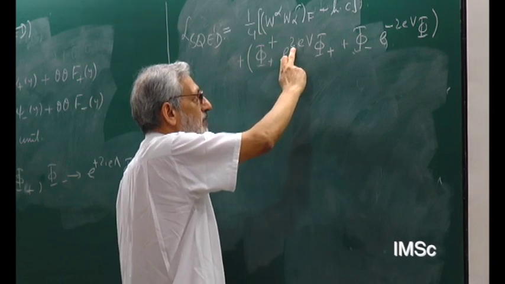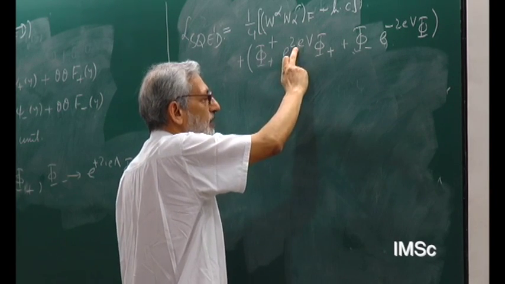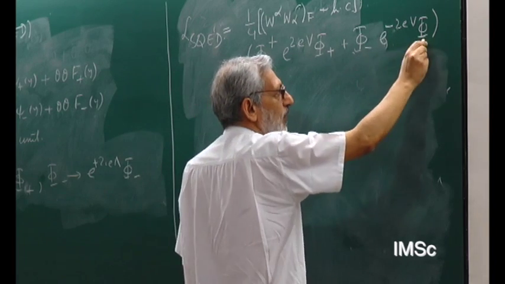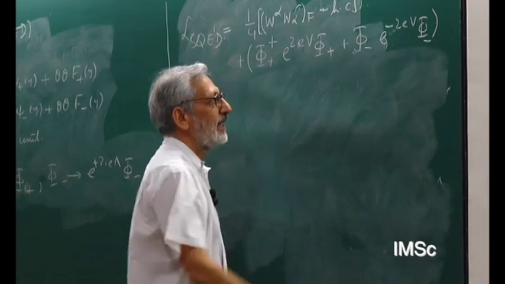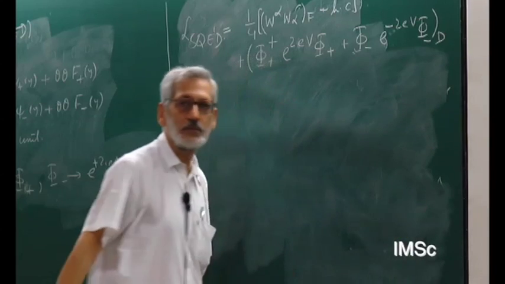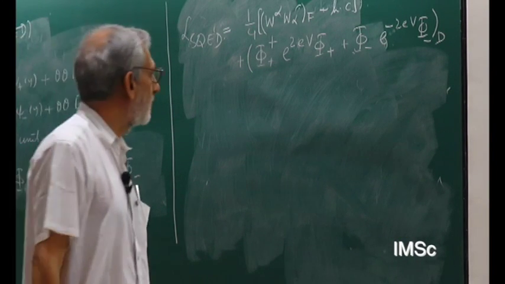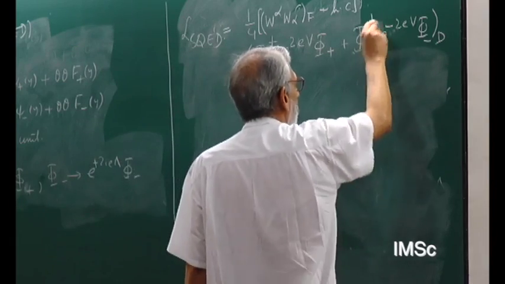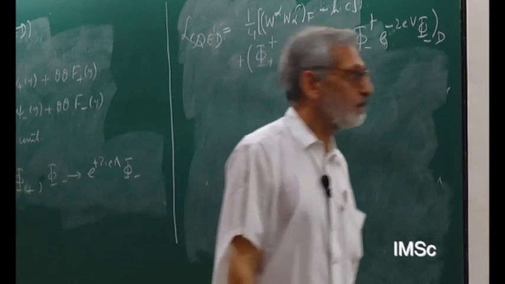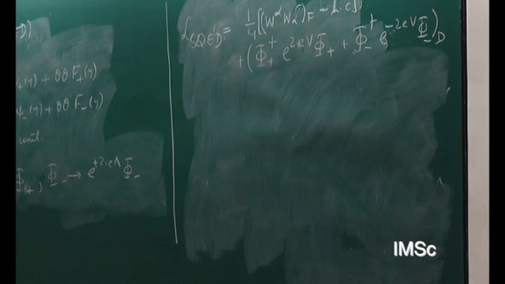The electromagnetic charge of phi plus is plus 1 unit and of phi minus is minus 1 unit. So that's the sign. And take the D term of this. So that's this one object.